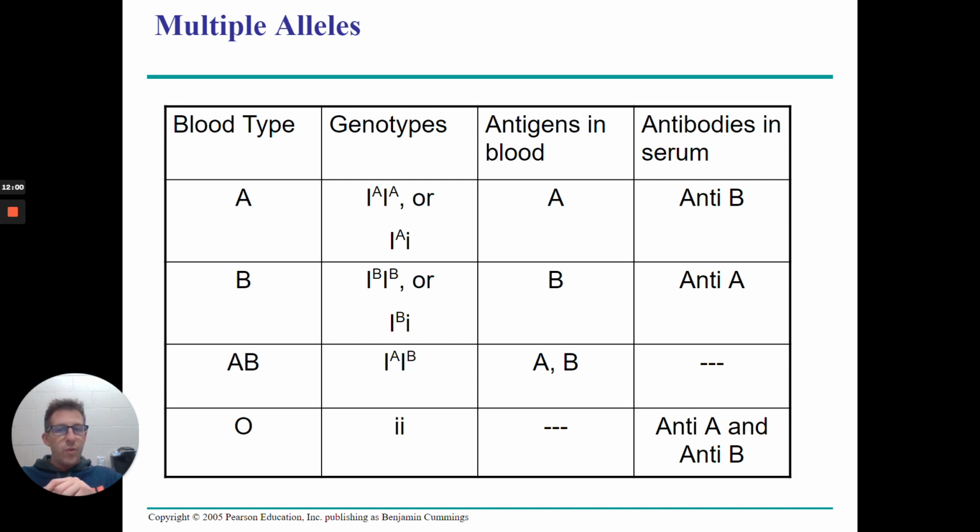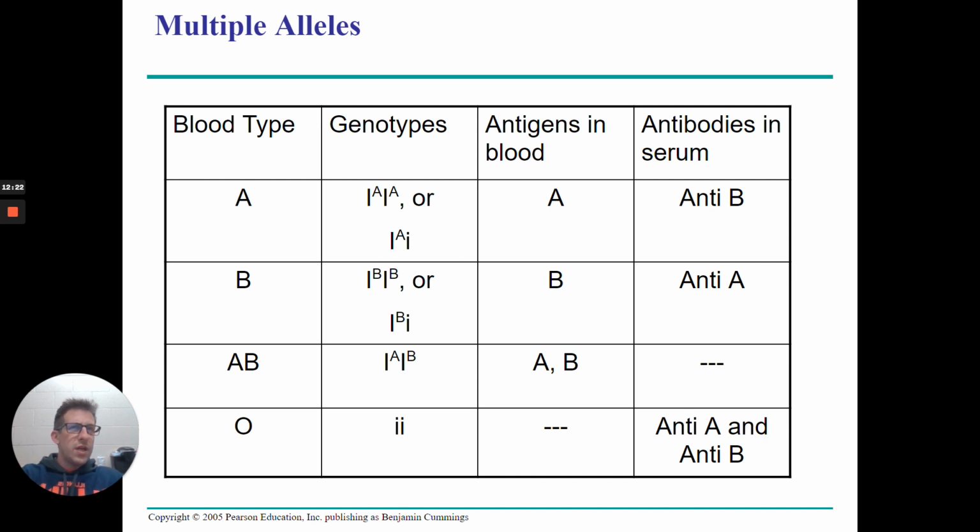With our blood types, we have the allele for A blood, we have the allele for B blood, and we also have the recessive allele for the O blood. Incidentally, AB blood is codominant.